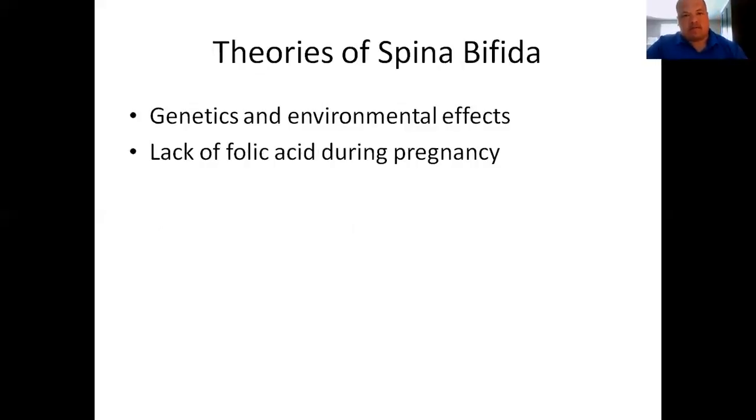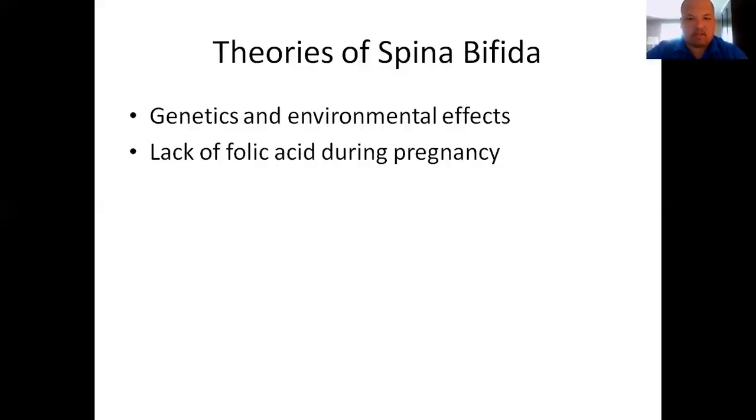Theories behind spina bifida, besides the general genetics and environmental effects, include a link to folic acid during pregnancy. Folic acid is a B vitamin, and you can get plenty of it if you have prenatal vitamins.